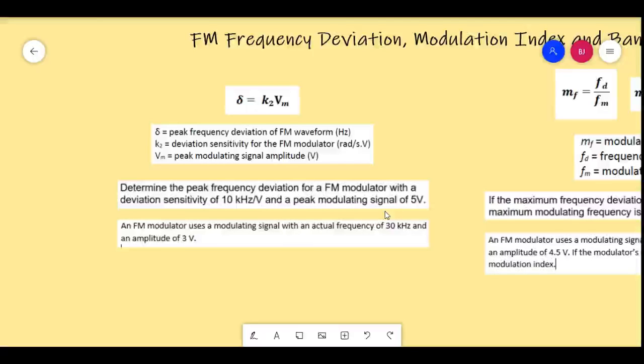For these types of problems, it's quite straightforward, as we just have to multiply our deviation sensitivity, in kilohertz per volt, or in some cases rads per second per volt, by the peak modulating signal amplitude, which is 5 volts.